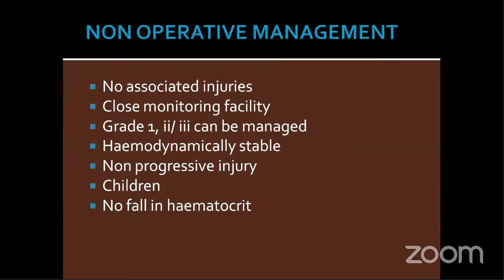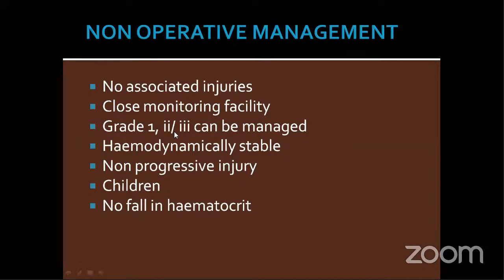When do you go for non-operative management? That means when you need not operate. One, there are no associated injuries, so it is a luckily isolated splenic injury, and close monitoring facilities are available. There should be an ICU facility with immediate ABG, good nursing care and specialist care, and the facility for operation has to be there.